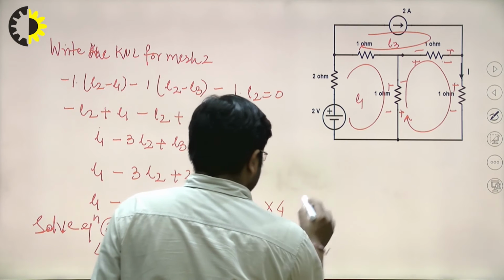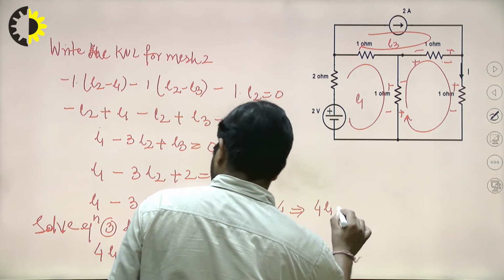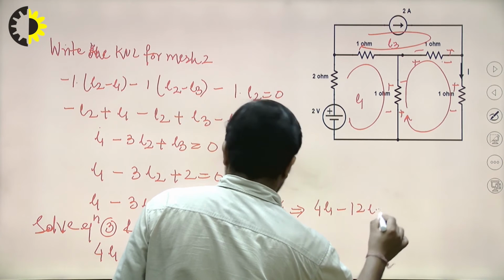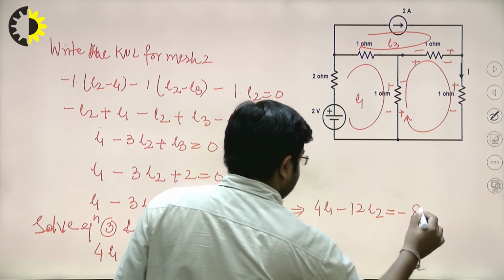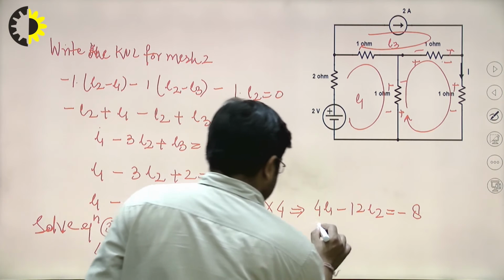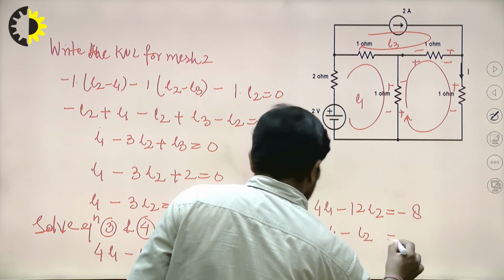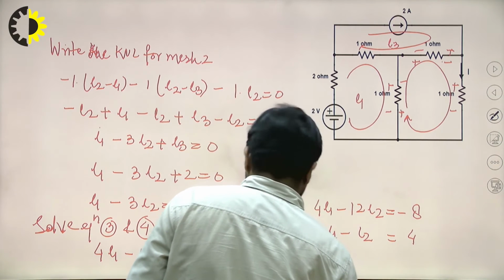So you will get 4I1 minus 12I2 is equal to minus 8. Now you can write equation number 3 here: 4I1 minus I2 is equal to 4.